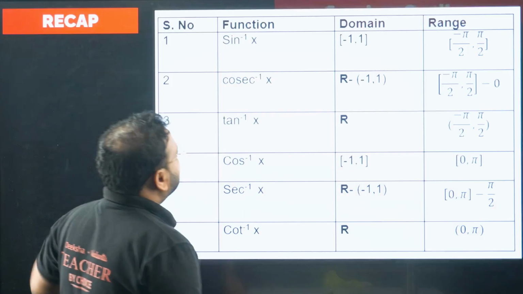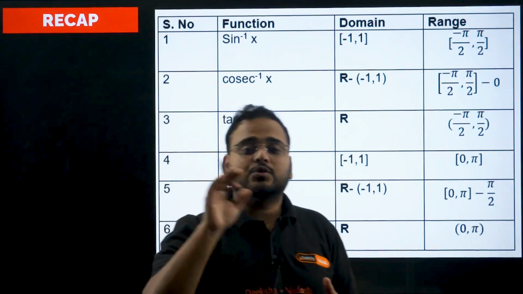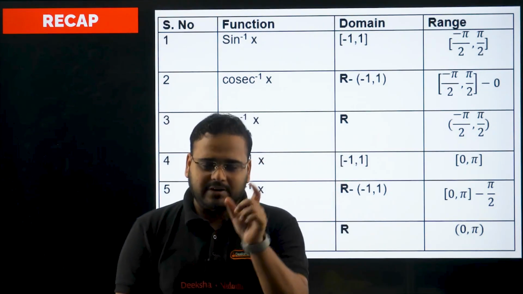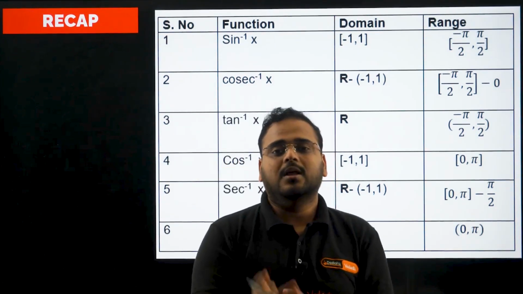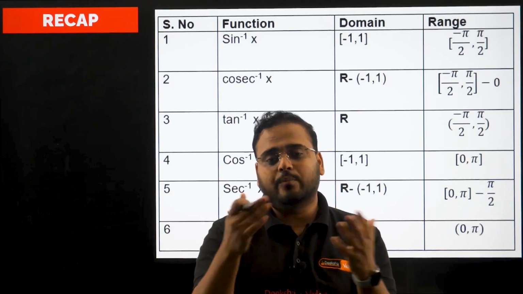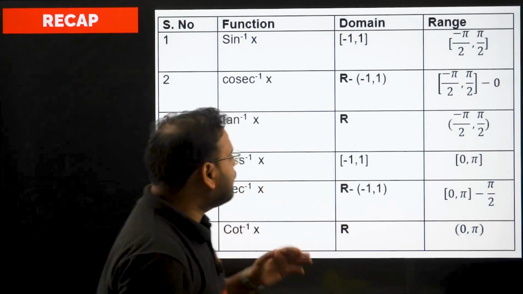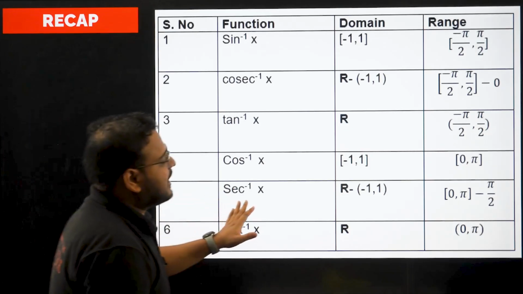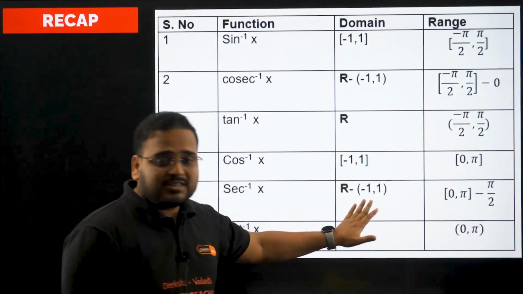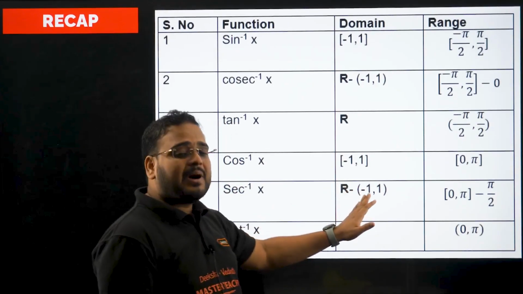Let's start. So first thing first, I saw some of your answers. I gave one thing to ask you from all: what is the range and domain of the secant inverse function, right? Some of you got it wrong. So there's the answer. Your domain is going to be R minus (-1, 1).